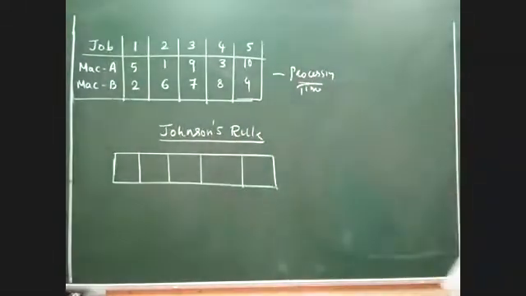So what is processing time? The time taken by the machines to complete the job. How much time is consumed to complete one job is called processing time. Whatever values are given in the question are all processing times. Using processing time, I have to decide the order.